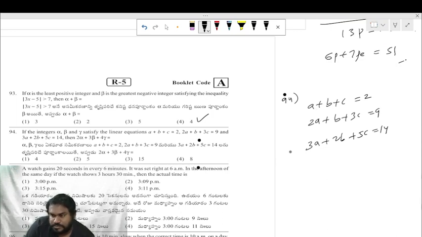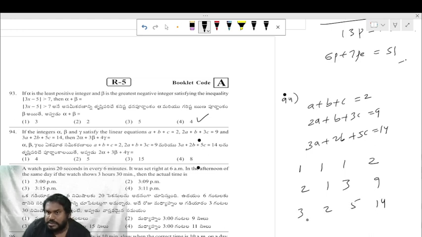See, we will use the matrix method to solve this. Just write the coefficients: 1, 1, 1, 2, 1, 3, 9, 3, 2, 5, 14. For this type of three variable equations, there is a shortcut method we can use. We have to make any one of them zero in the simplest possible way.